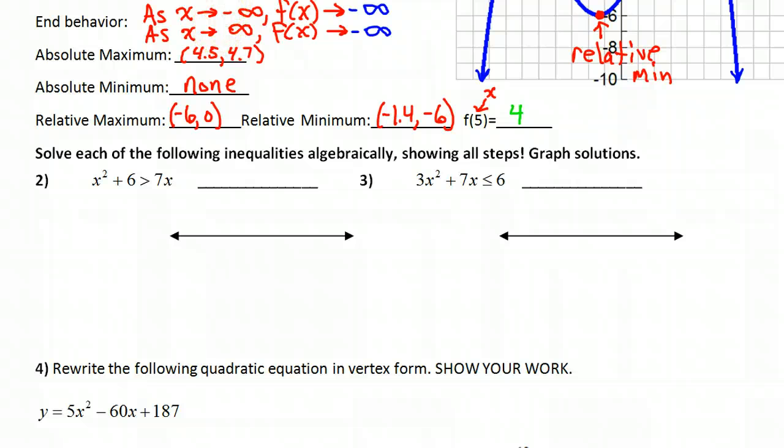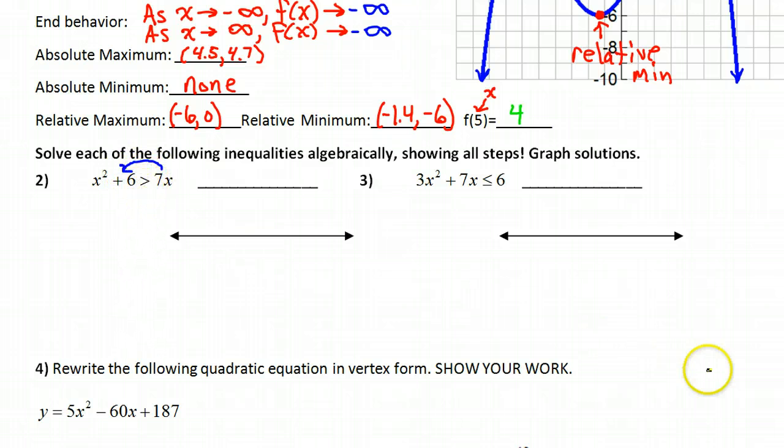Let's see. We're supposed to solve each of the following inequalities algebraically, showing all steps, and we'll graph the solutions on the number line here. To do this, we need this to be in standard form. We're going to factor. So basically we're moving the 7x over that direction. I'm going to zoom in.